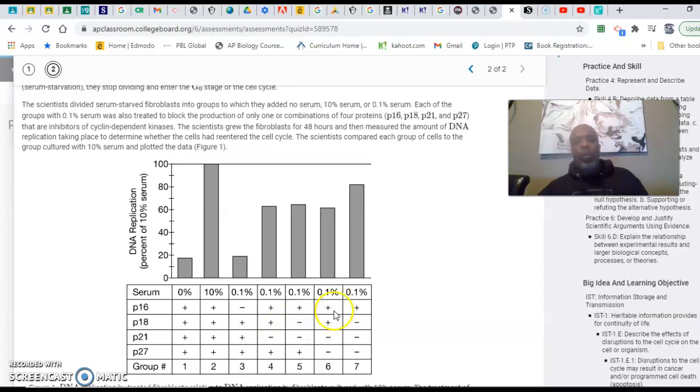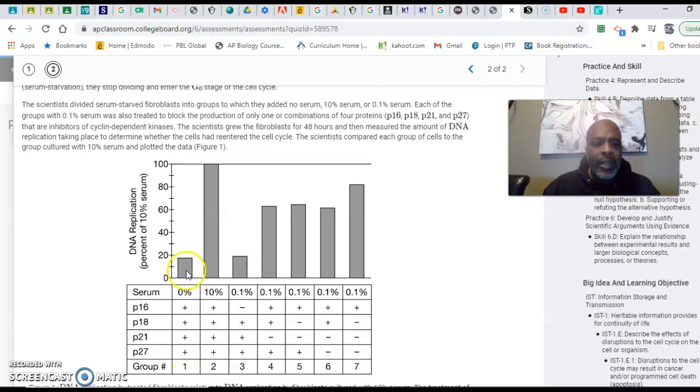The way you need to look at this data is this. Let's focus on P16. Without P16 being present, it's pretty much the same as all the way to the left, the same percentage of DNA replication as when there are no proteins present.